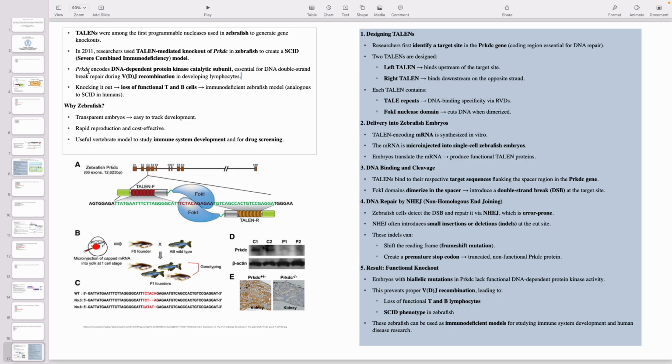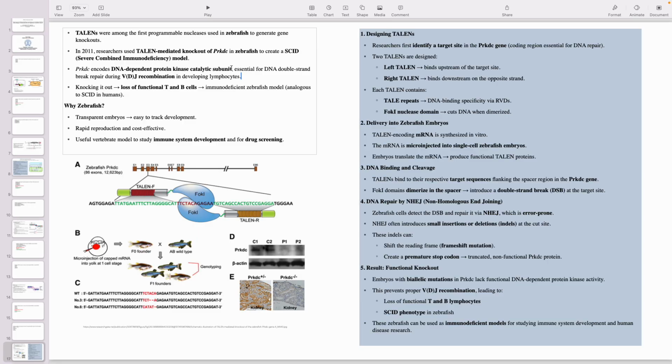PRKDC encodes the DNA-dependent protein kinase catalytic subunit, which is essential for DNA double-strand break repair during VDJ recombination in developing lymphocytes.